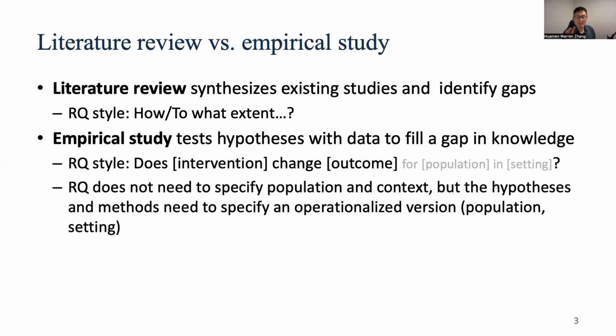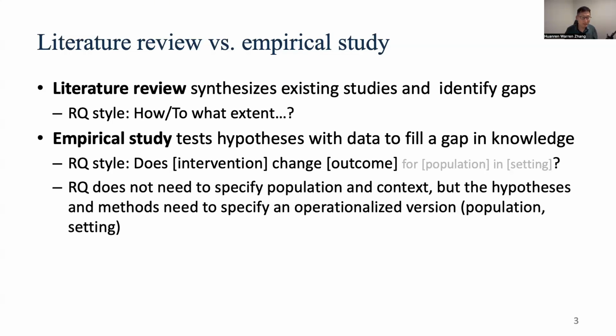So let's first distinguish these two types of papers, literature review versus empirical study. In a literature review, you will try to synthesize existing studies and identify gaps. So the research question style, RQ style, is how or to what extent. By contrast, an empirical study tests hypotheses with data.